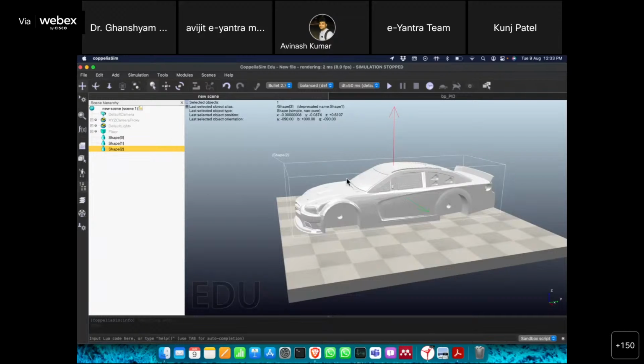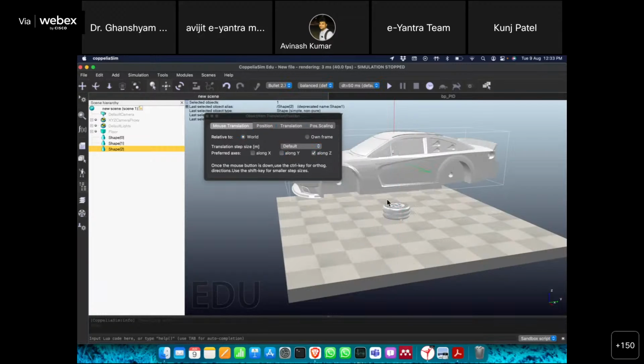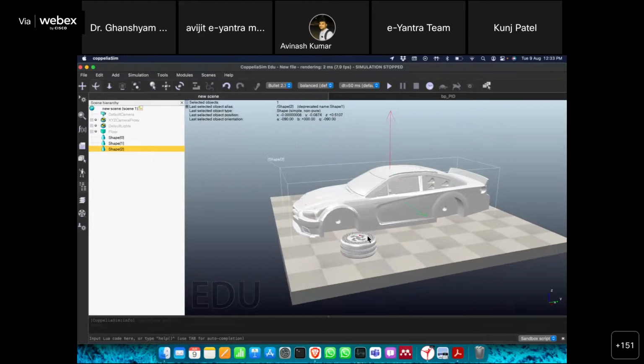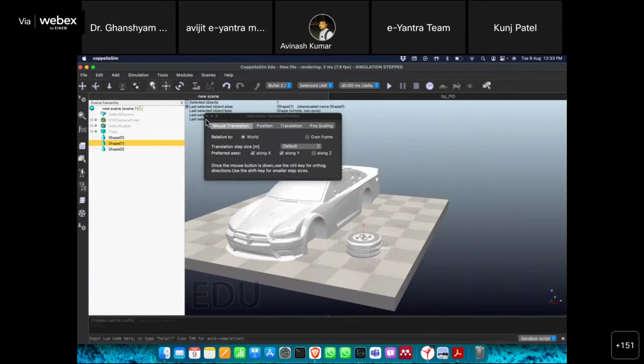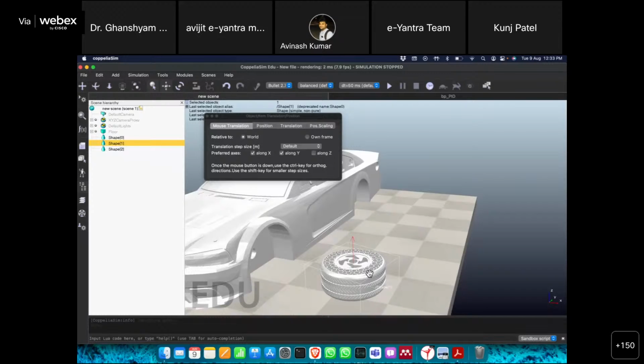Suppose I am trying to make a car in this simulation, I need to attach these wheels to the car, right? So you can rotate objects and move objects within the scene. In this scenario, you can see that I need to rotate the wheel and align it to the wheel shape of the car. So I can rotate this particular element about the y-axis by 90 degrees.